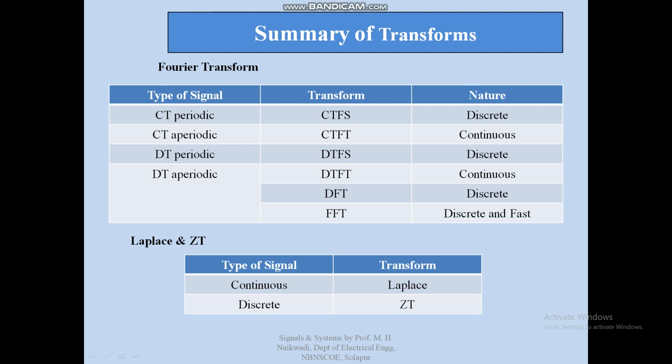Even though the name here is discrete time, this name is coming from the type of signal, that is, a discrete time aperiodic signal. But if you see the nature of this transform, it is continuous. So this seems to be contradictory, that here the name is discrete, but actually the nature is continuous. In this series we are going to talk about this discrete time Fourier transform.